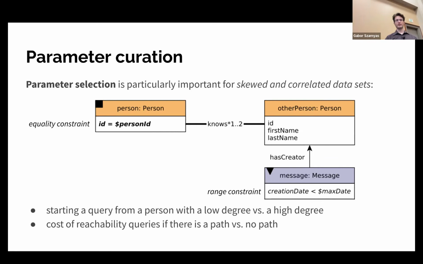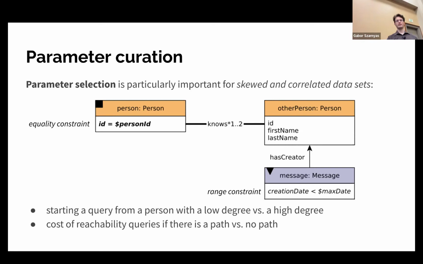Another interesting variant of this problem is reachability queries. It turns out that if there is a path in a social network, it's usually very easy to find. You can do 2 or 3 hops and there is likely a path between 2 randomly selected people. But if there is no path, one has to traverse the entire connected component of one person to prove that such a path doesn't exist.